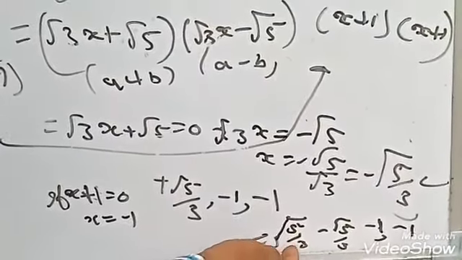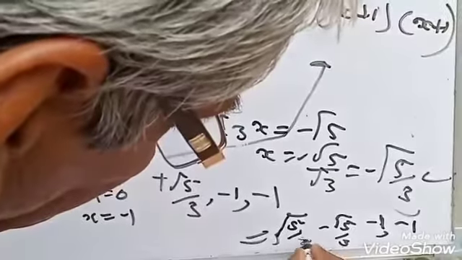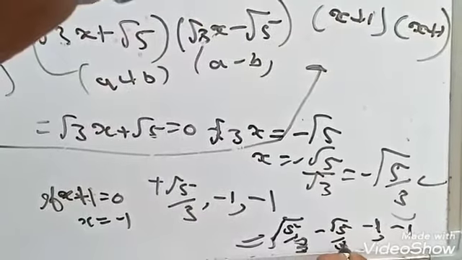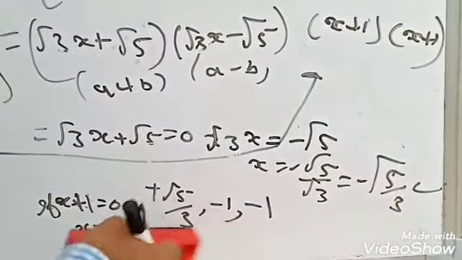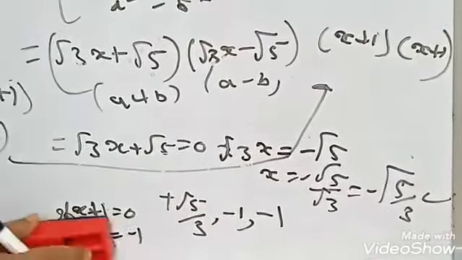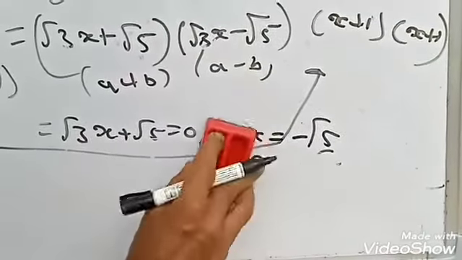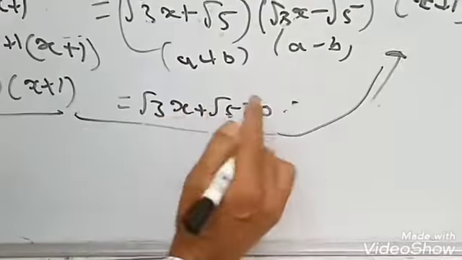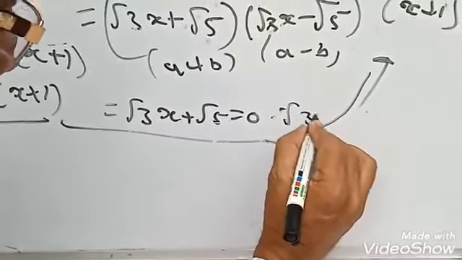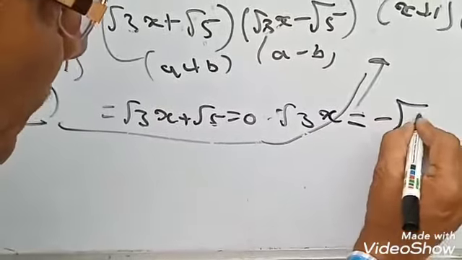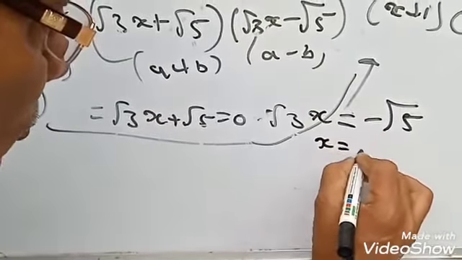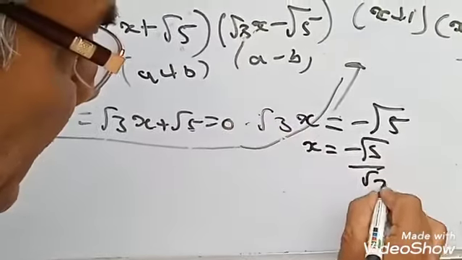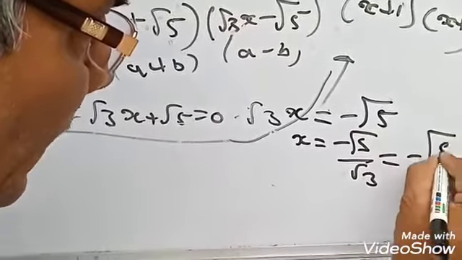The answer is root 5 by 3, minus root 5 by 3. If this is equal to 0, then root 3 x is equal to minus root 5 and x is equal to minus root 5 by root 3, which is minus root 5 by 3.